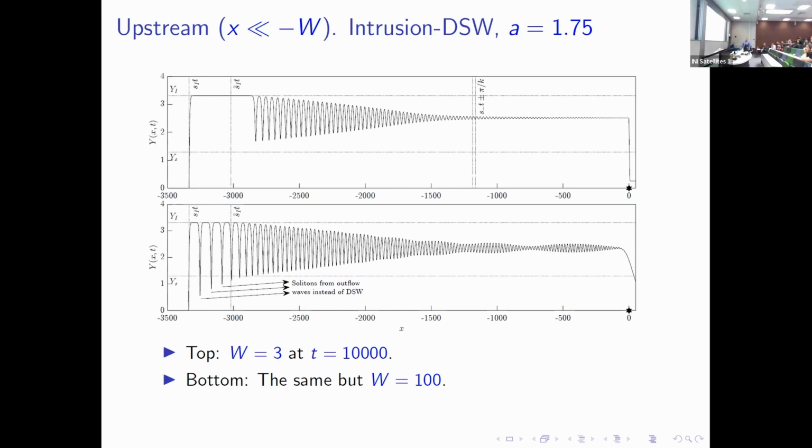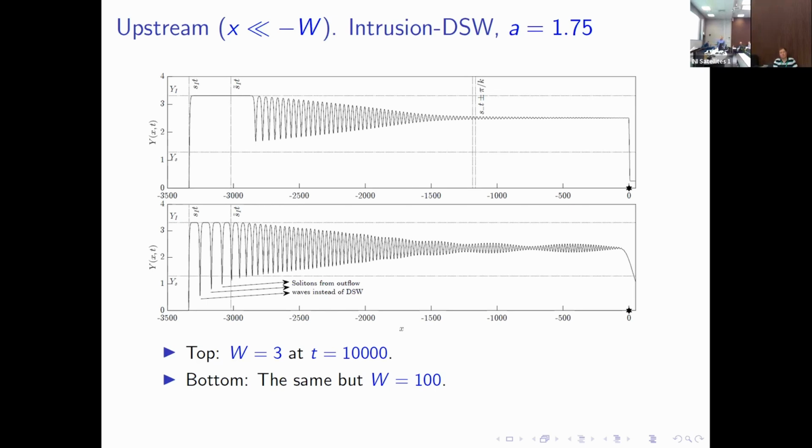Because these waves are not quite captured by Gennadi's theory, the prediction from the theory is good, but it's not perfect. It predicts the front of the DSWs here, and it predicts the amplitude of the DSWs there.